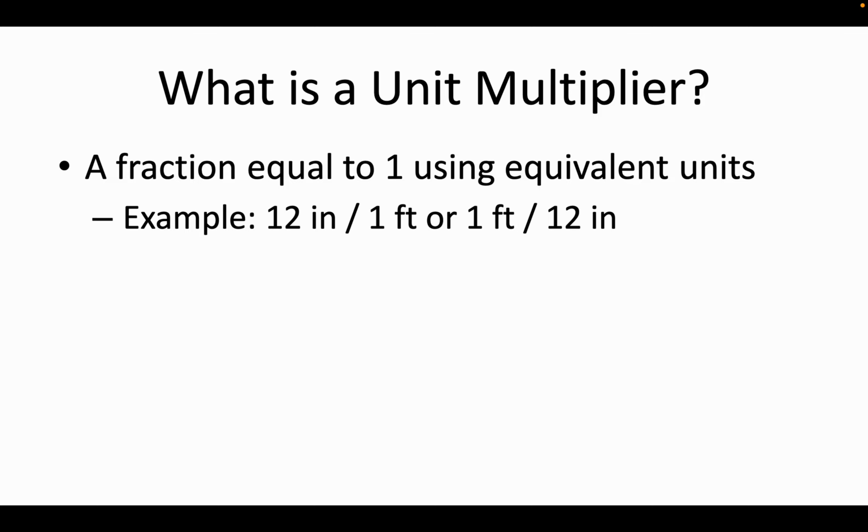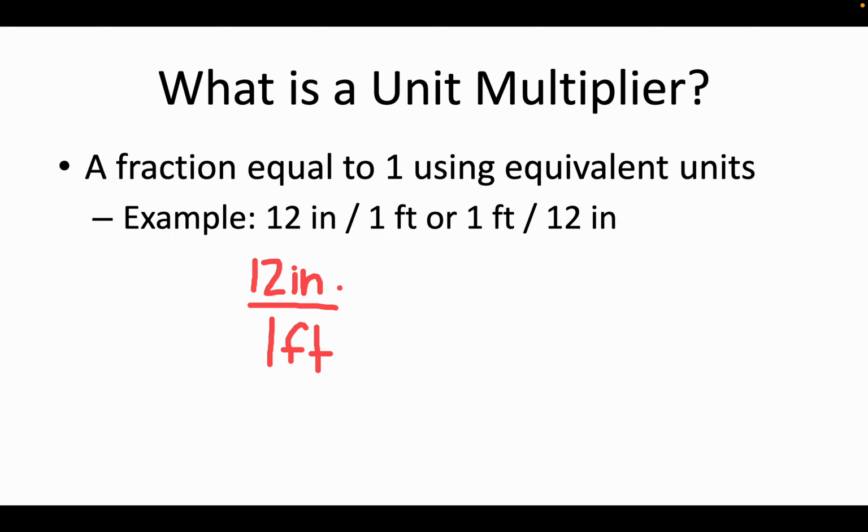So for example, we have 12 inches is equivalent to 1 foot, or 1 foot is equivalent to 12 inches. I'm just going to rewrite this in vertical format, which is going to be easier to look at and is the way that we should write it when we're doing our problems.